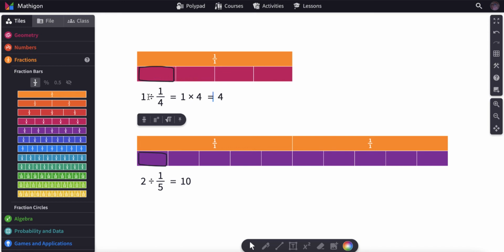You know, when we have one piece, it divides evenly 4 times in there, and you can see the 1 times 4 show up there. For this one, however, what we want to see from our algorithm is 2 times 5. And that's not necessarily as obvious to see.